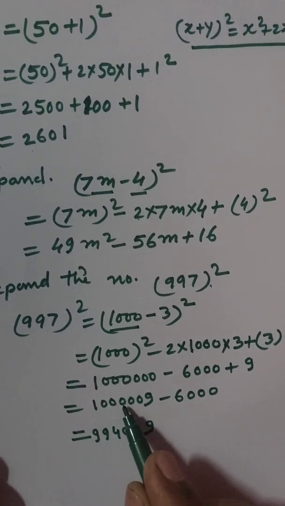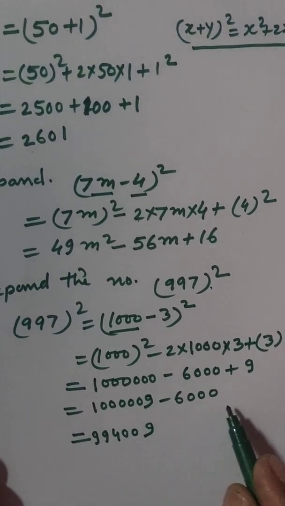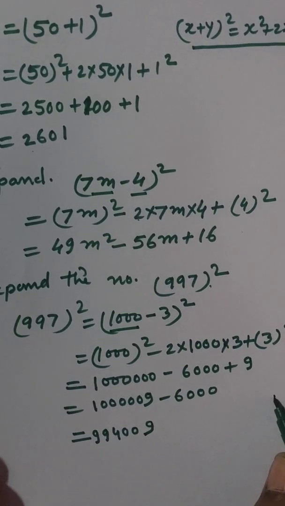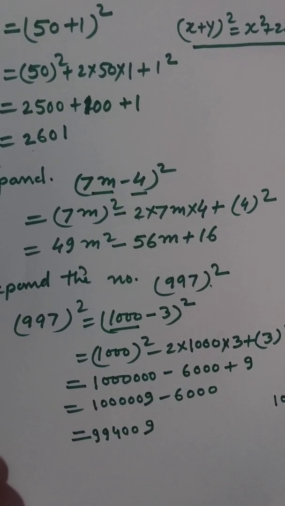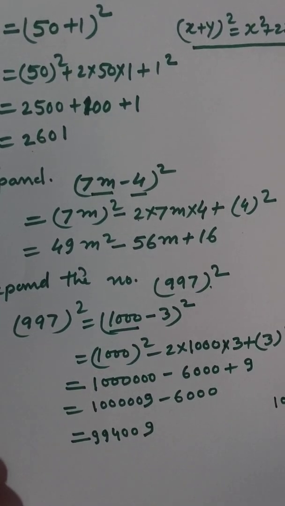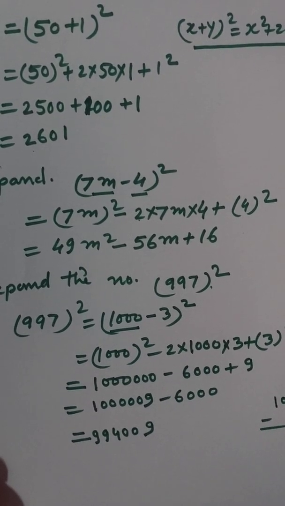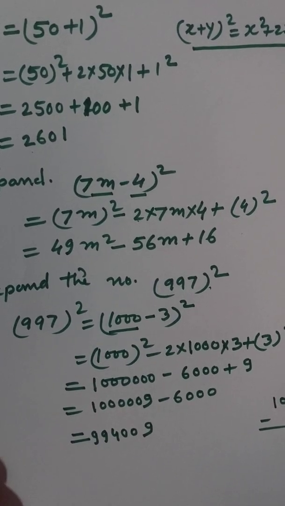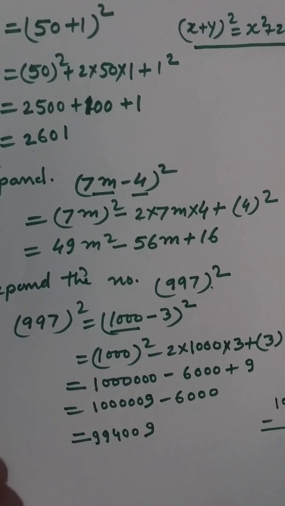Okay, or simply you can subtract here 3, this much and 9 minus 6000. Then you get 9 0 0 0 9 and 9.